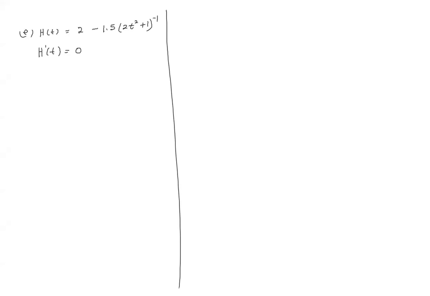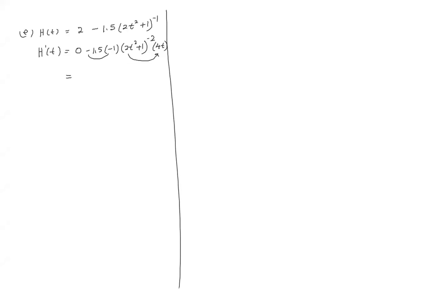Take away 1.5, multiply by the power, copy down the whole thing, power minus 1, times by the derivative of this, that is 4t. So the whole thing is, take out your graphic calculator, 1.5 times 4 is 3.